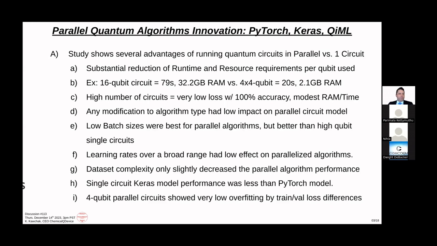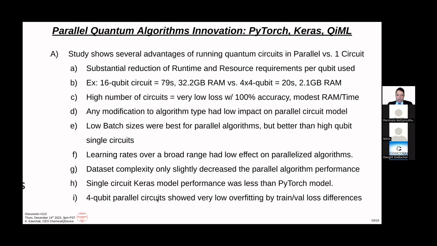Now, the big thing with the Keras model is the single circuits on those didn't seem to match up with the PyTorch single quantum circuit. Those performances seem to be lower than what would be expected. You would expect to see similar accuracies and losses for a single circuit compared to 4 times, or whatever times that, to get the same number of qubits.